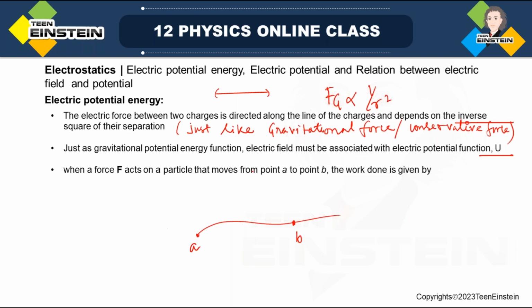If a particle is situated at A within the electric field created by some charge, and it moves from A to B, how do we express the work done?